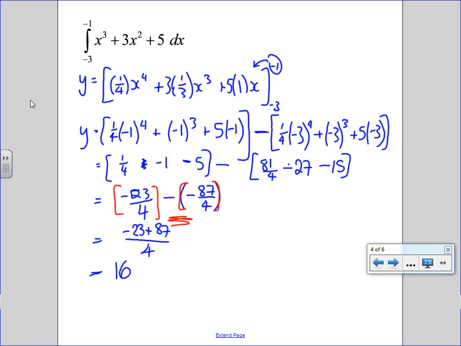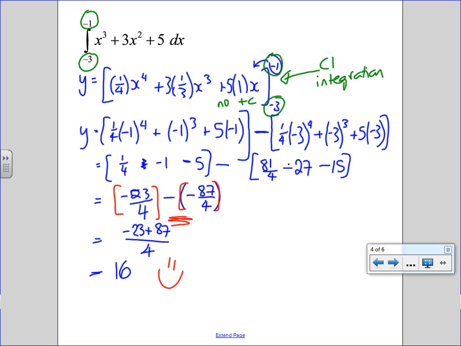Fantastic. Brilliant. Yeah, so what we've got going on here in C2 integration is normal C1 integration. The only things that are different is there's no plus C there, and that the limits on the integral appear on the right-hand side once the integration's been completed.